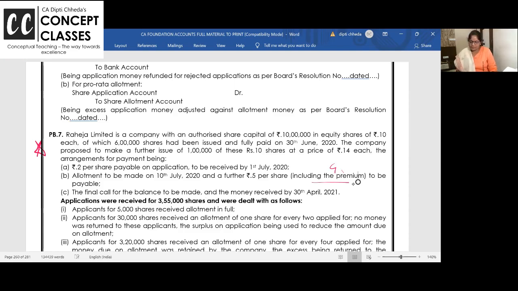Okay? So what are you going to do now? First alert sign: premium is there, but is premium in application or allotment? Allotment, fine. Then the company has proposed to make a further issue of 1 lakh shares and the arrangements are received.